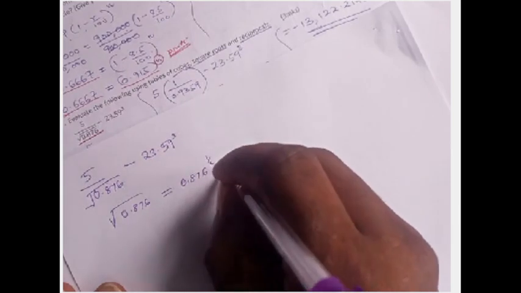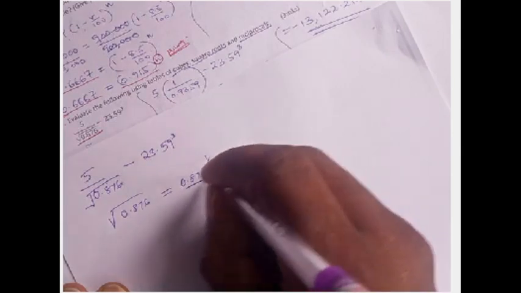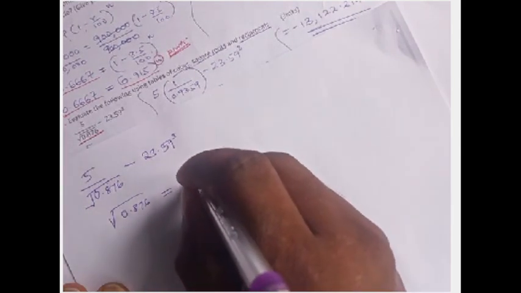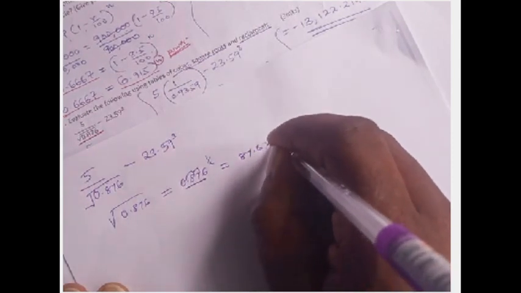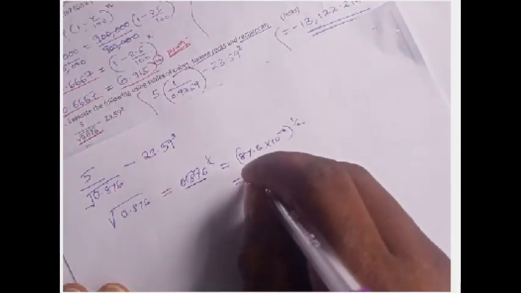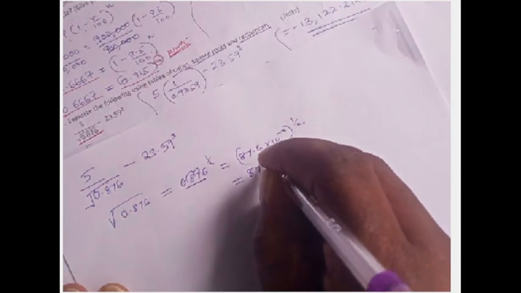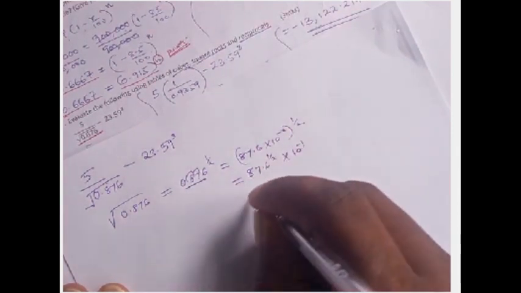We adjust this number such that the power of 10 is divisible by 2. So this one becomes 87.6 times 10 to the power of negative 2, and then raised to a half. If we open brackets, we have 87.6 raised to a half times 10 to the power of negative 1.